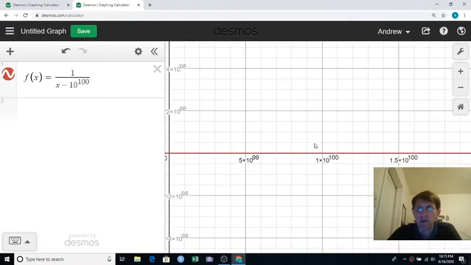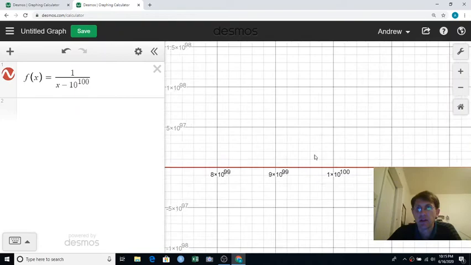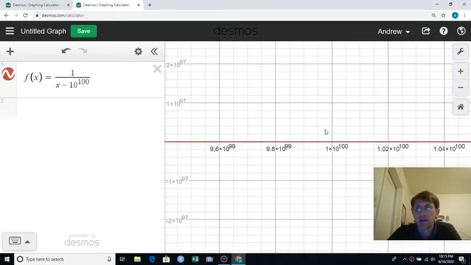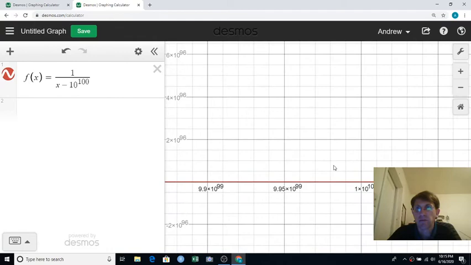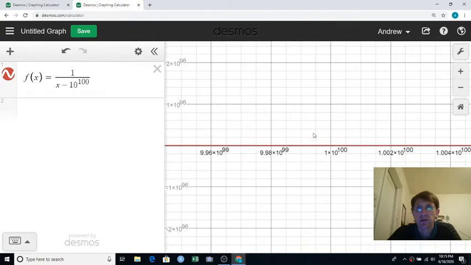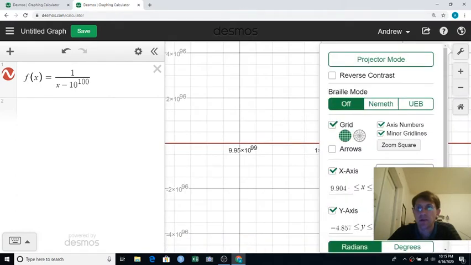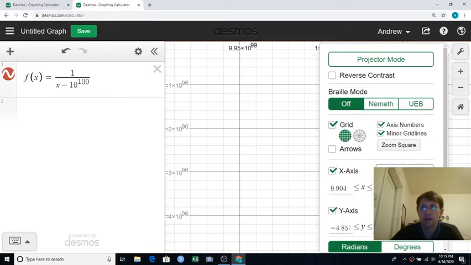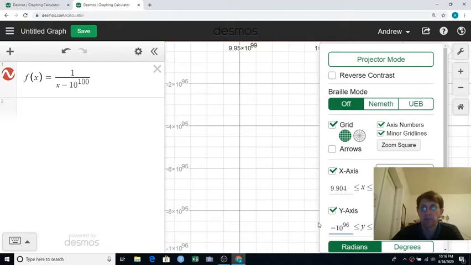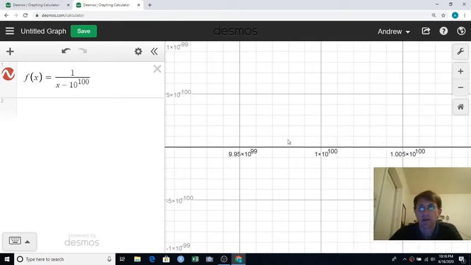What do you think? Well, 99 was just kind of a guess based on 100. If I start zooming in and keeping that in my sights, oh, I'm at 10 to the positive 96. Let's go. Maybe Desmos didn't see that I wanted 10 to the negative 99 and 10 to the negative 99. Okay, there we go.